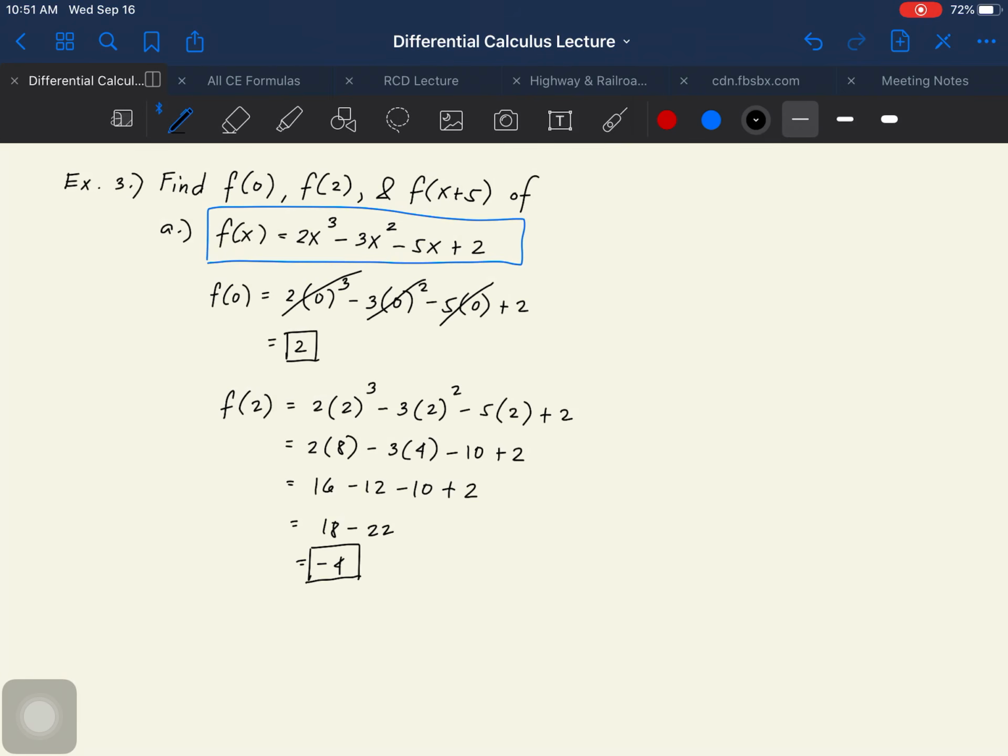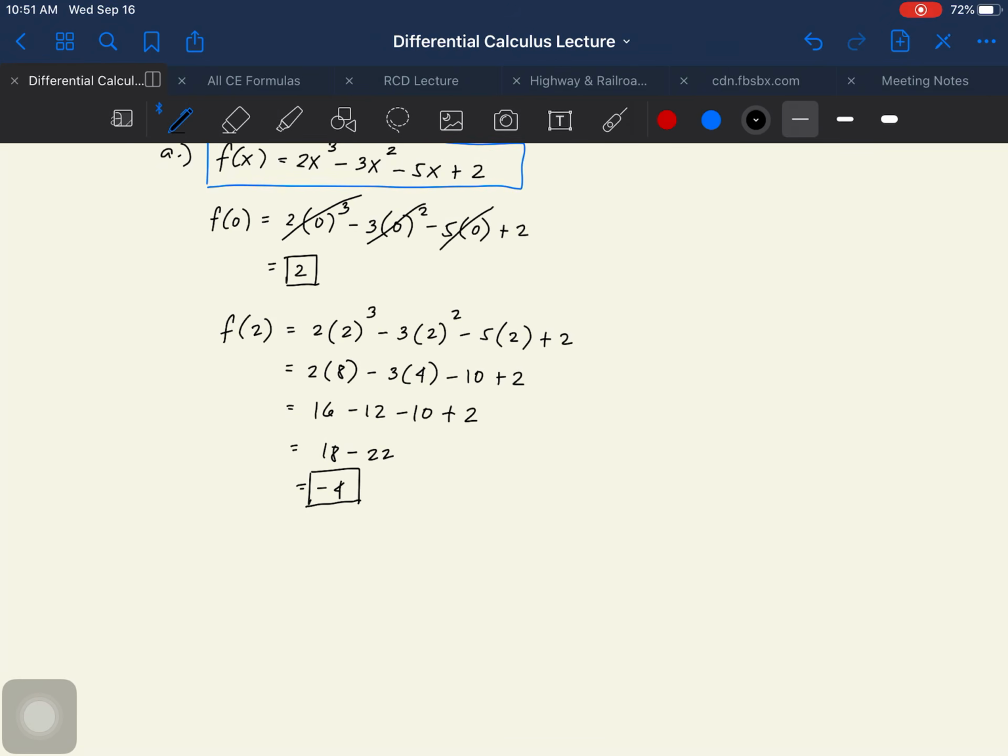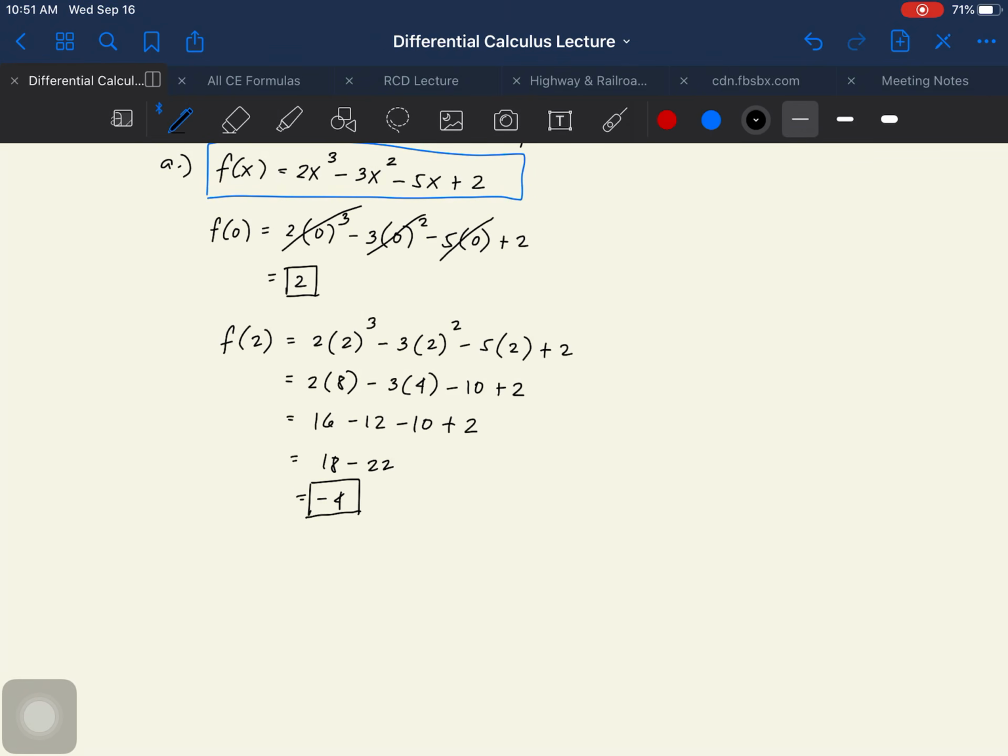Okay. Now, the last one is f of x plus 5. So, in this equation here, the x value is substituted with x plus 5. So, we have f of x plus 5. Then, using the original equation, you have there 2. The value of x becomes x plus 5 raised to 3, minus 3.